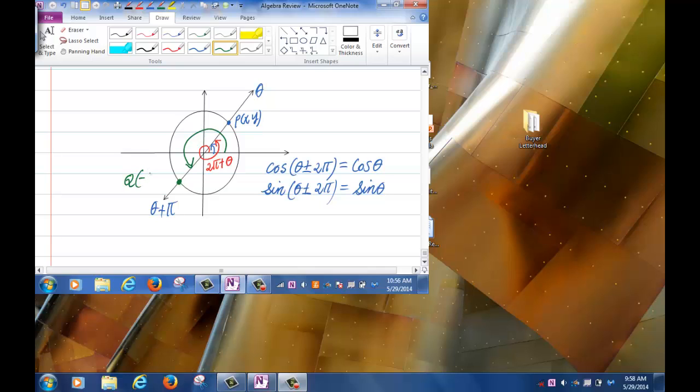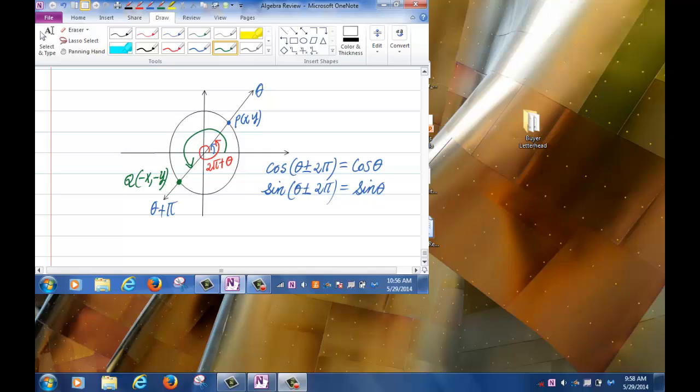Negative x and negative y. If for theta you got P, right? If P has coordinates x and y, then when you add theta plus pi, the point Q will have the same coordinates with opposite signs. Okay, is that making sense?